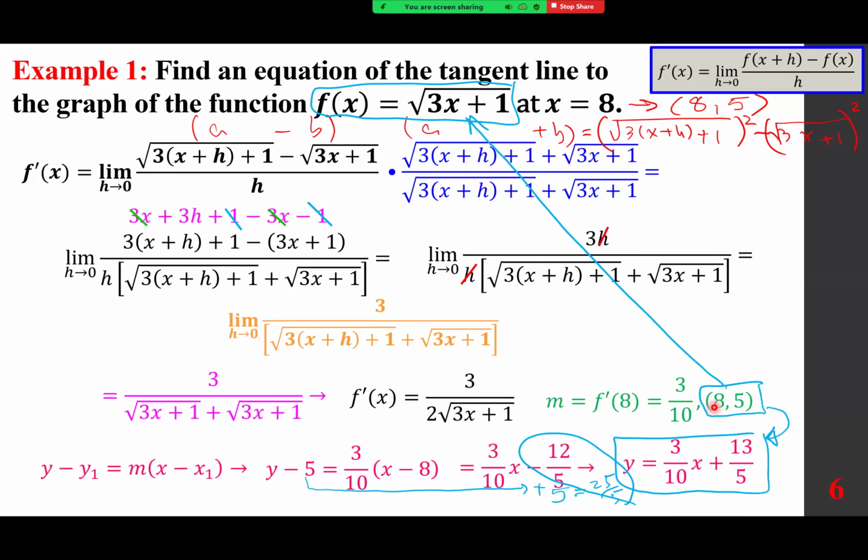If you plug in 8 times 3, 24 over 10 is 12 over 5 and 13, 25 over 5, which is 5. When it checks, that means this process was done without any mistakes. Doesn't say anything about the previous steps.